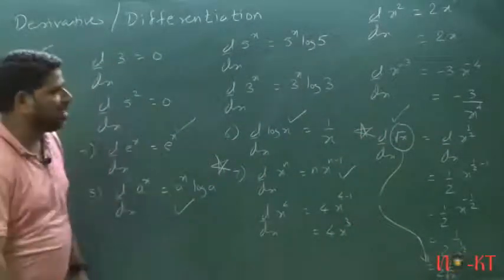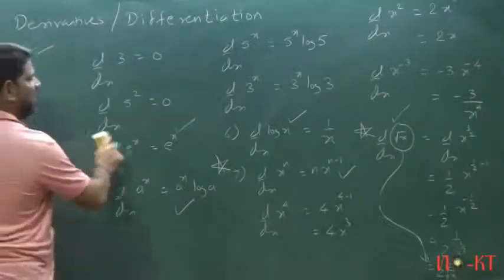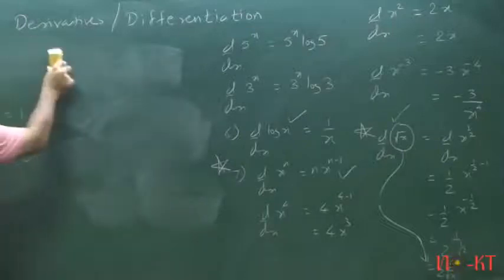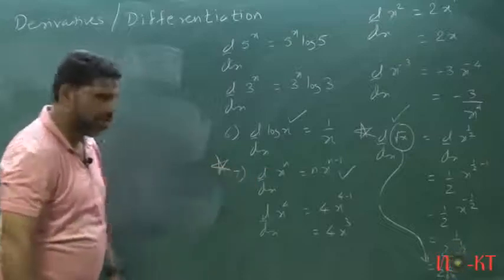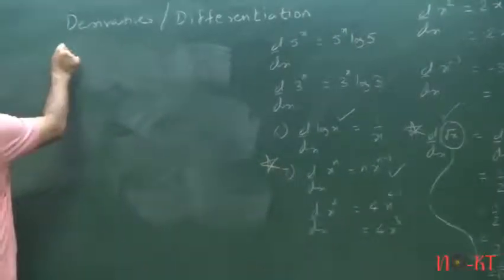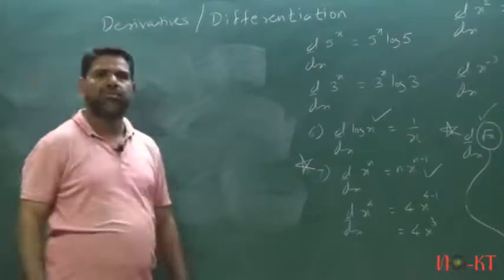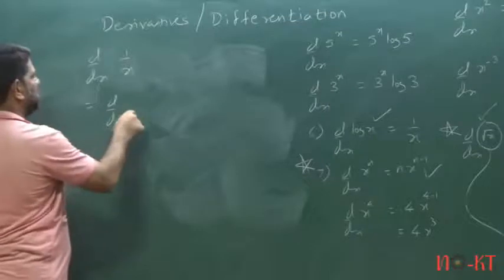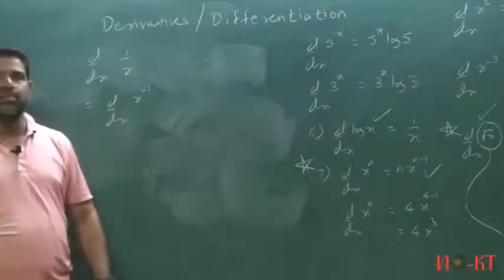I am proceeding now, I am extending this now. So let this be formula number 6, we are done. I am taking some more examples on this one. Same formula, I am extending. What about the derivative of 1 by x? 1 by x we write as x raised to minus 1.